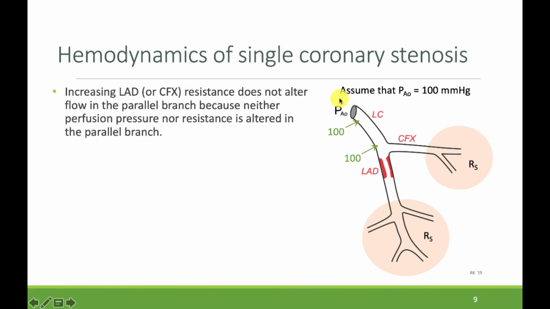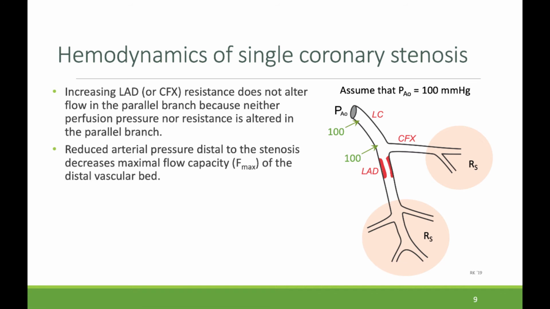This pressure is still going to be whatever the aortic pressure is, proximal to this location. And so the pressure gradient doesn't change, and if the resistance doesn't change in this vascular bed, there will be no change in circumflex flow despite having a stenotic lesion in the LAD.